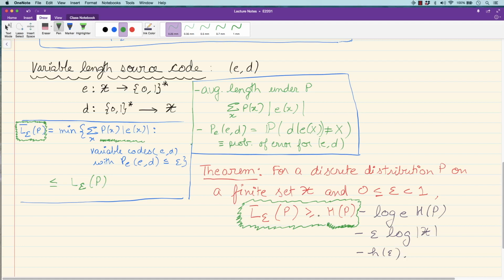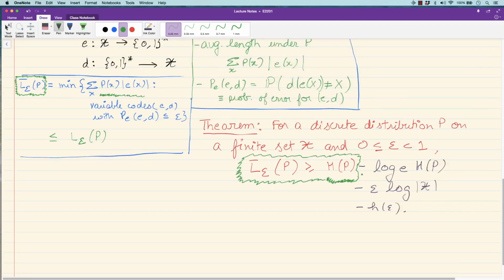So the real lower bound here is 1 minus epsilon times h of p. But since I wanted to give a simpler proof, I'm losing this small thing here. Okay, that's the result. So, upshot, L bar epsilon p is still at least h of p.